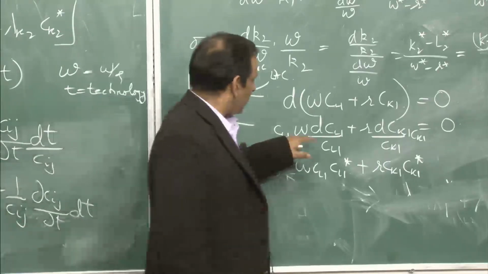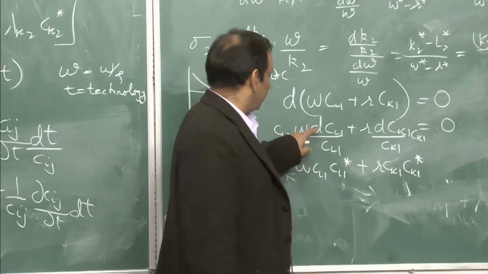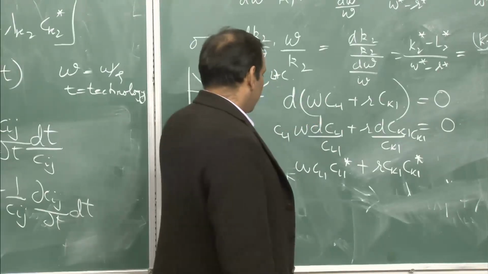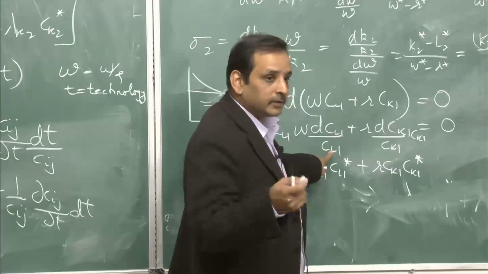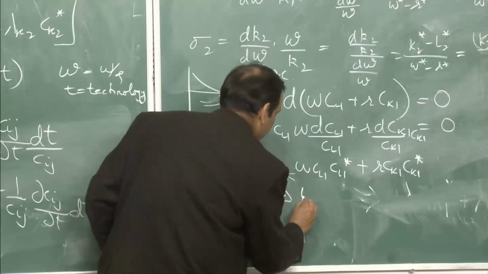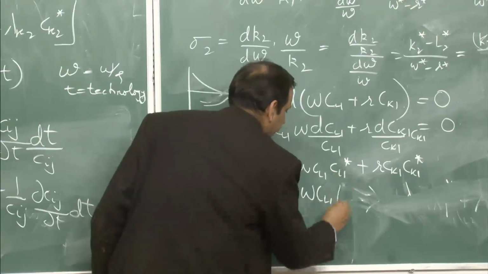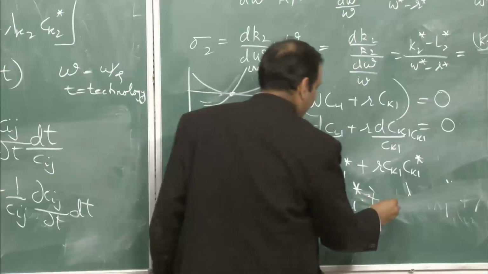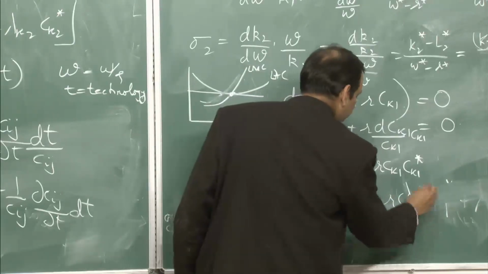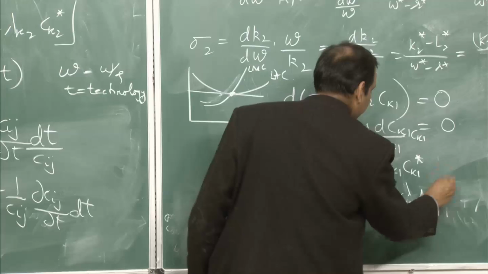So, if you want to study dCL1 by CL1, star when technology remains the same, then this CL1 star will be replaced by AL1 star and this would be replaced by AK1 star.